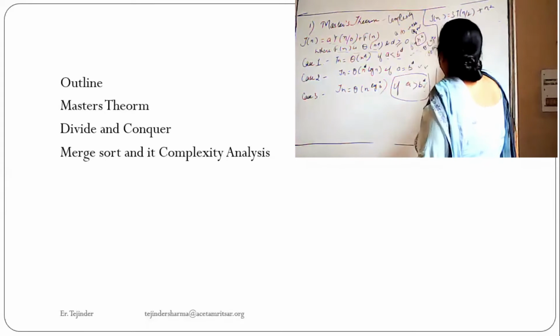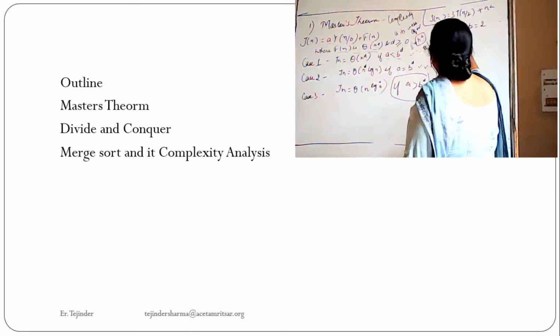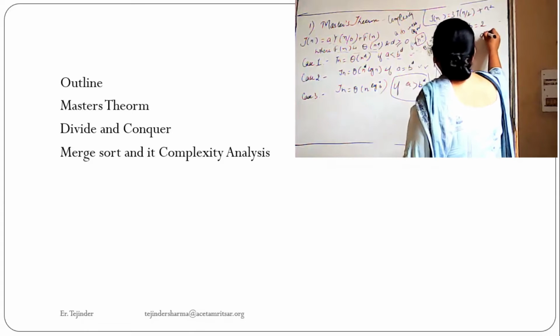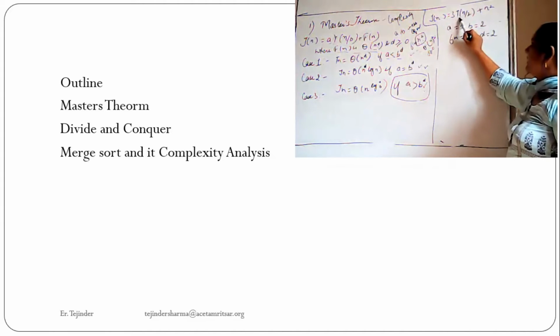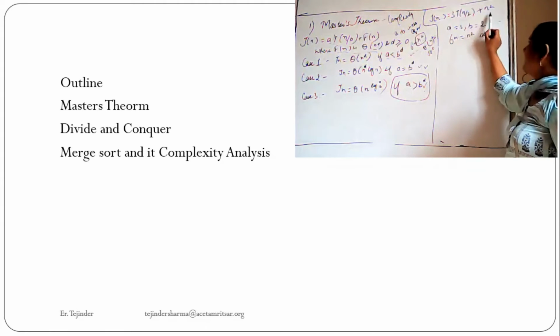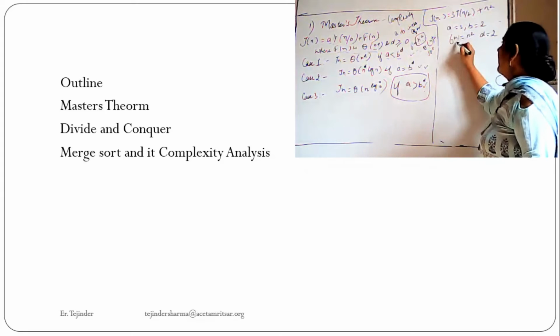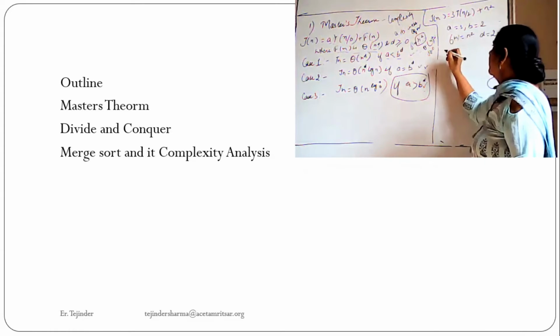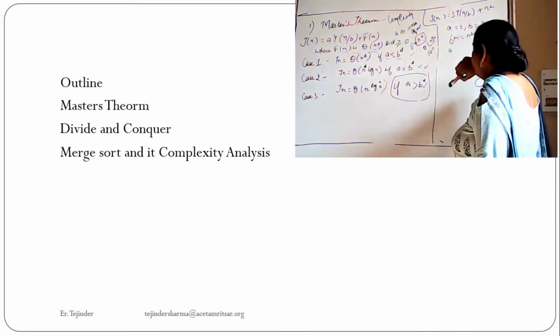Very simple. a is equal to 3, b is equal to 2, f(n) is equal to n square, and d is equal to 2. The equation given to you is 3T(n/2) + n square, with a equal to 3, b equal to 2, f(n) equal to n square, and d equal to 2.